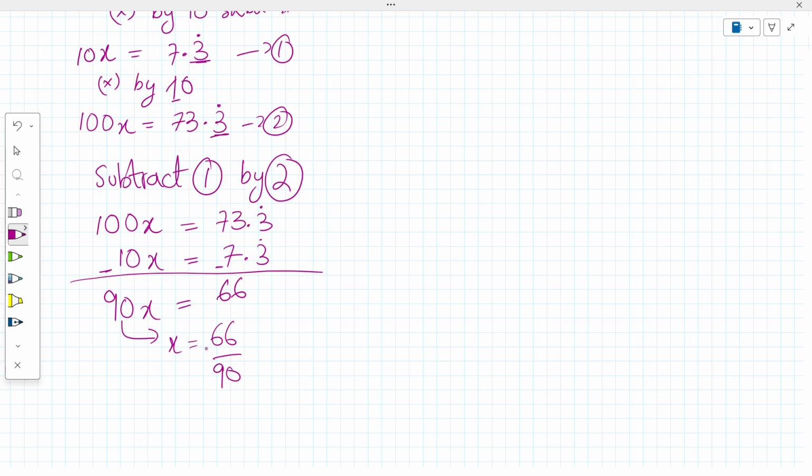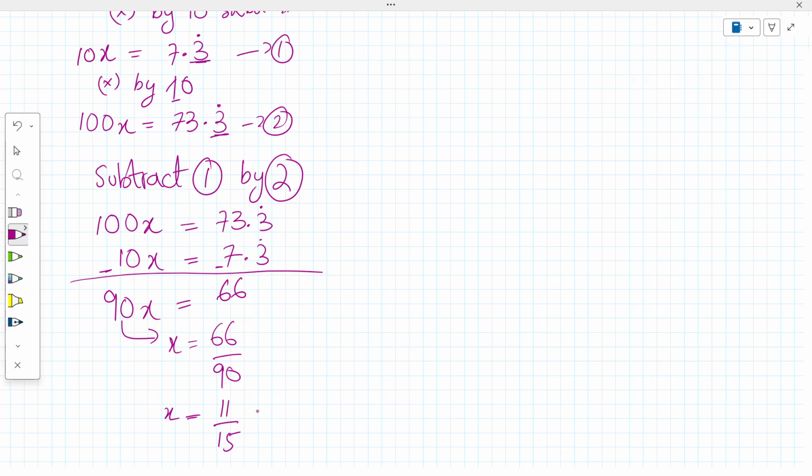Because this fraction can be simplified further, the value will become 11 upon 15.